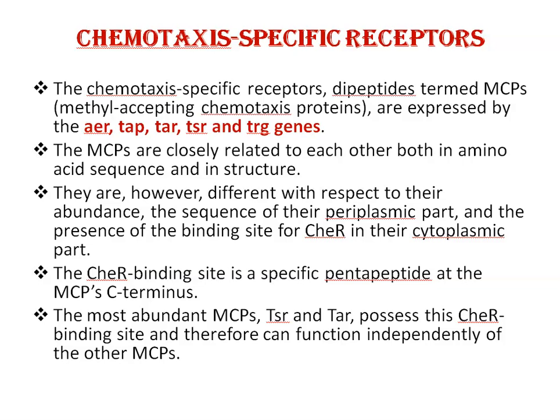The other MCPs which do not possess this binding site depend on the presence of TSR and TAR to function in adaptation. Now listen, therefore, to be functional in adaptation, the minor MCPs must interact with major MCPs, and this may be one of the reasons for the organization of the receptors in clusters.